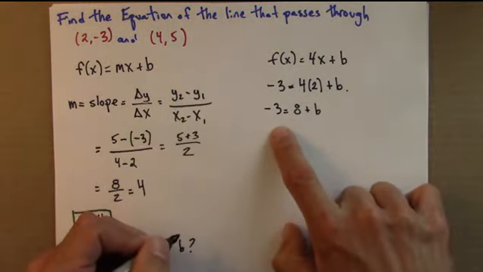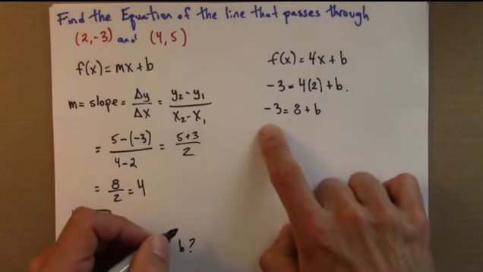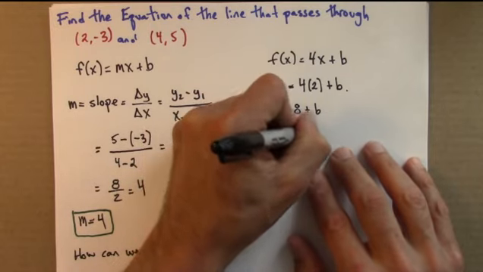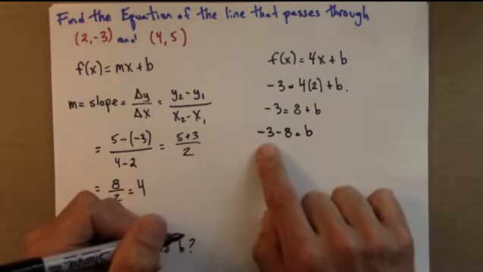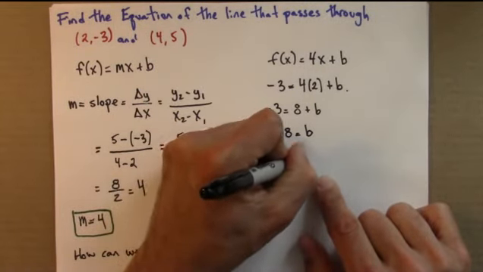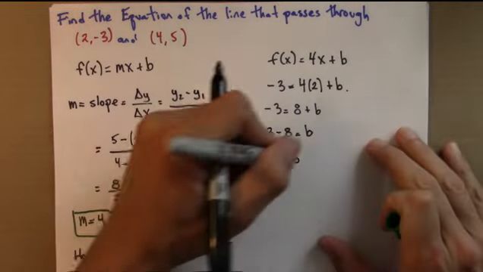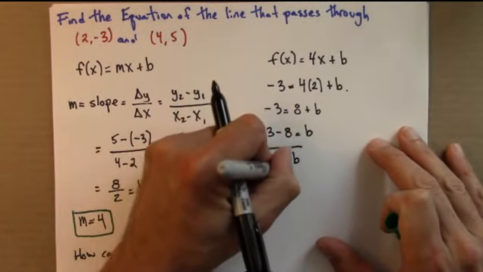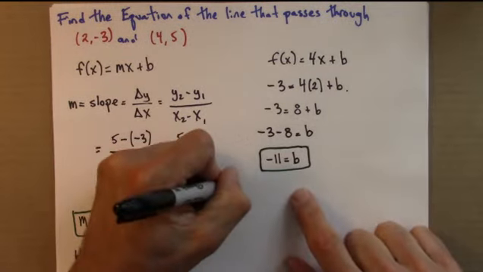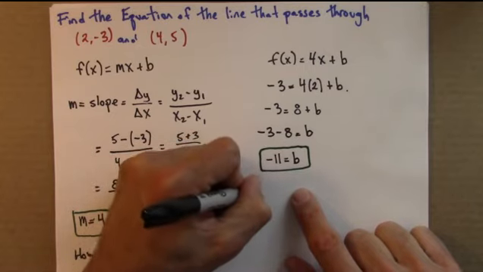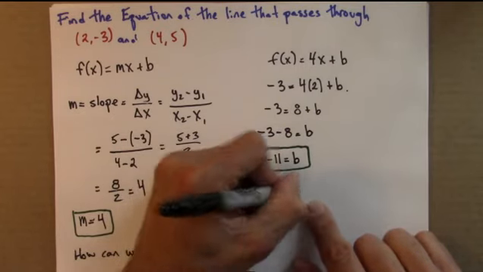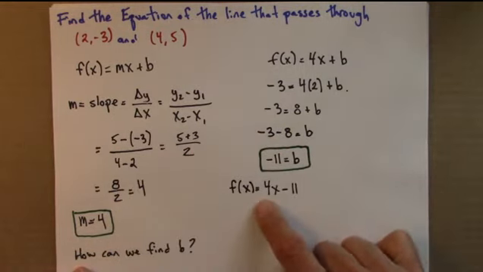Let's move the 8 over to the other side by subtracting 8 from each side. Minus 3 minus 8 equals b. Minus 3 minus 8, well, that's minus 11. So there we found b. So that means that the formula for this function, the one that goes through those 2 points, is 4x minus 11. So that's the answer to this problem.